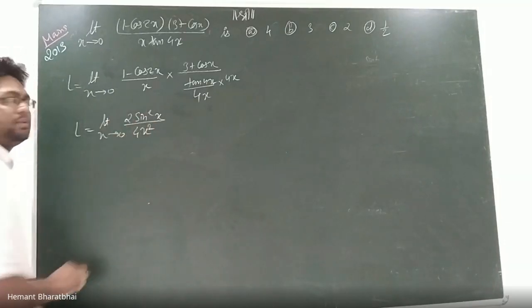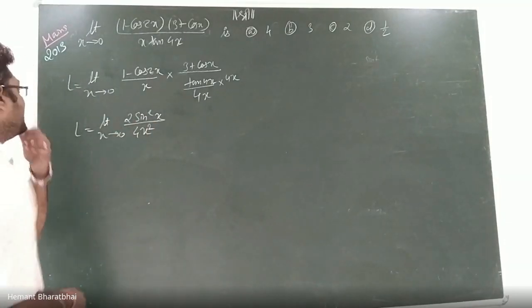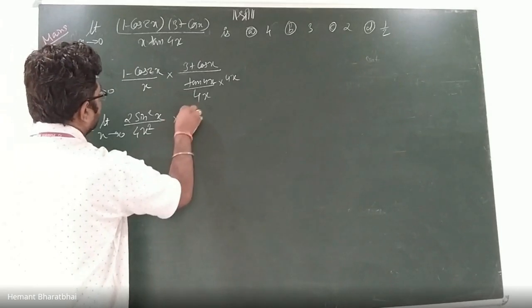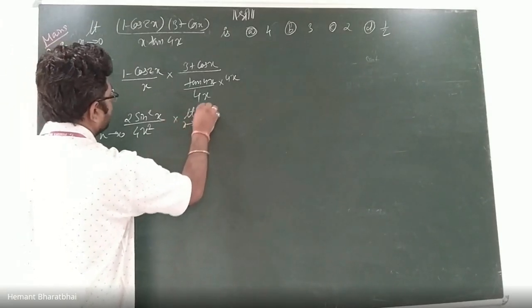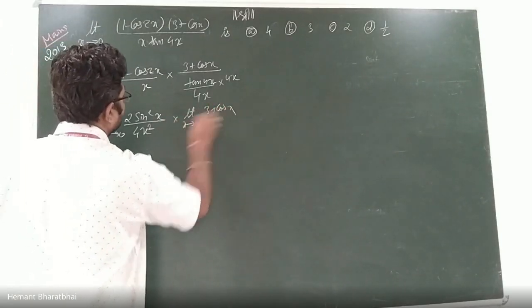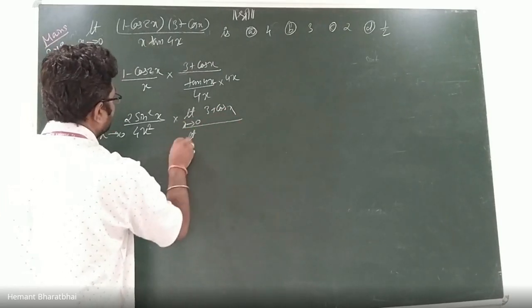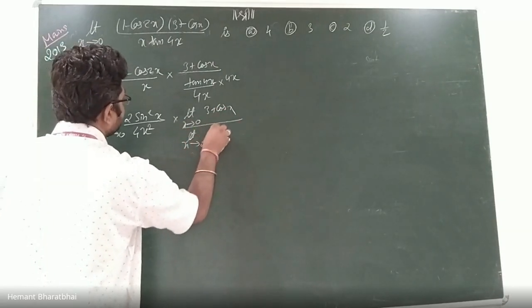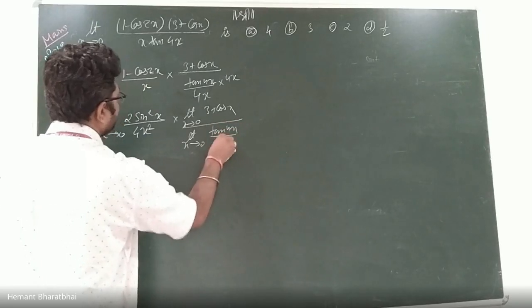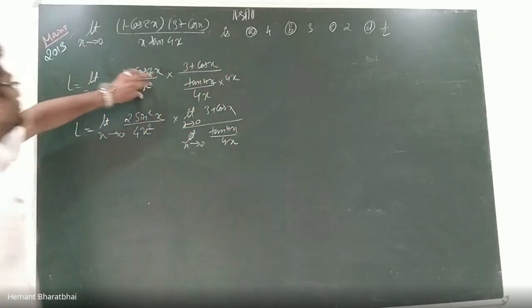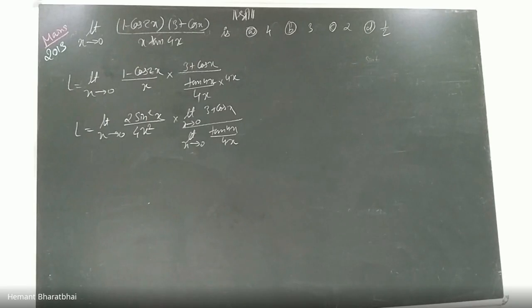So x into x will become x square. At the same time I can bring limit of x tends to 0, 3 plus cos x upon limit of x tends to 0, tan of 4x by 4x. This 4x I wrote over here.